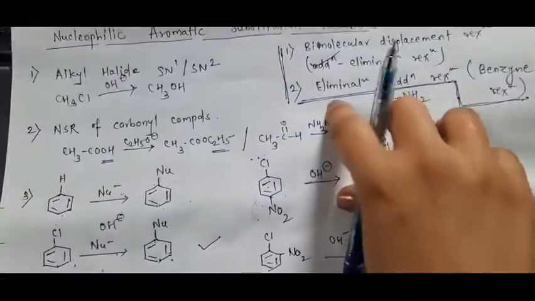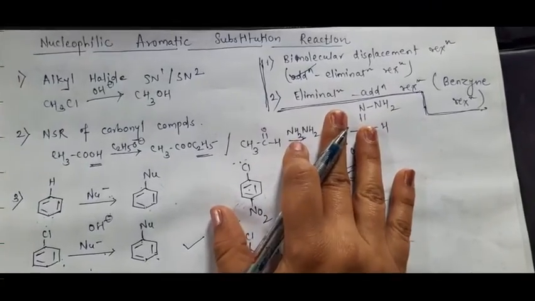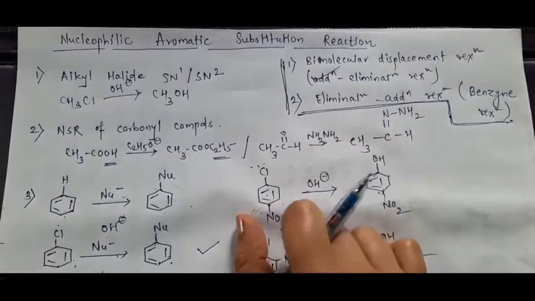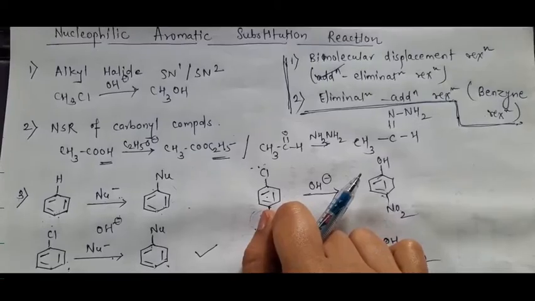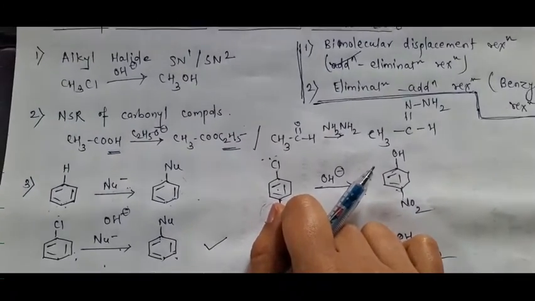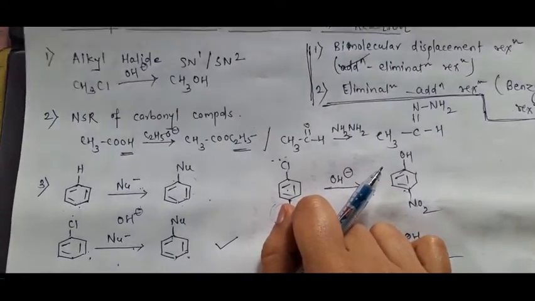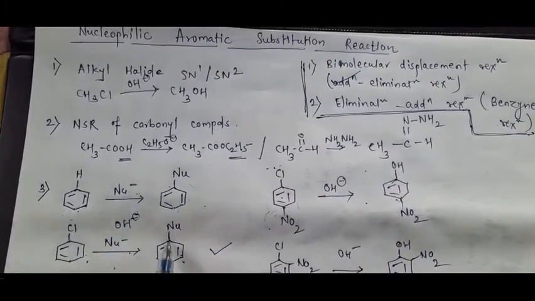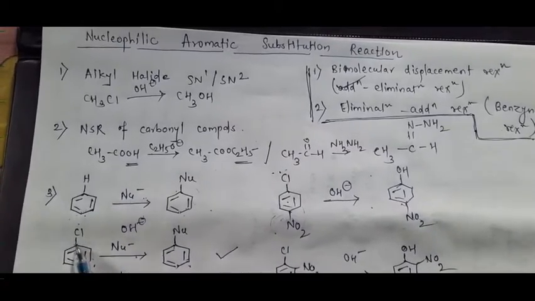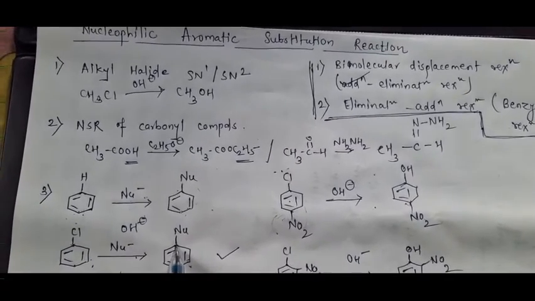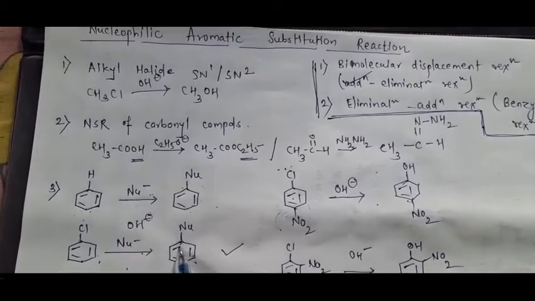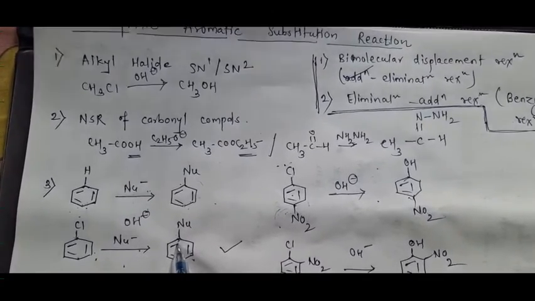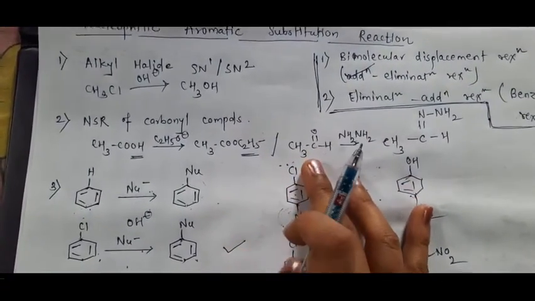Second thing, definitely their mechanism is different from that of SN1 and SN2, because if I consider SN2, you all know that there has to be a backside attack. If I consider here that this is getting replaced by the OH, that backside attack is absolutely not possible, because you have a pi electron rich system. If you remember, in case of SN2, a pentavalent carbon has to be formed.